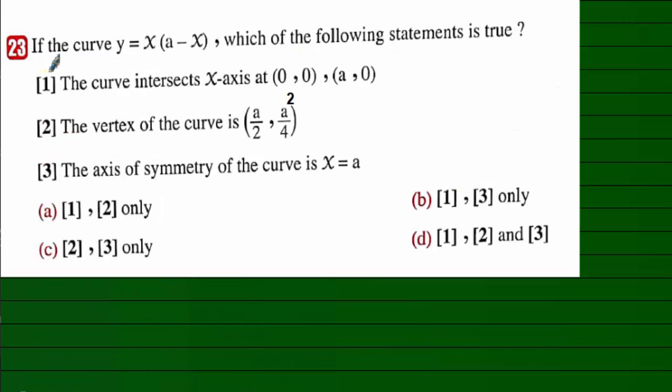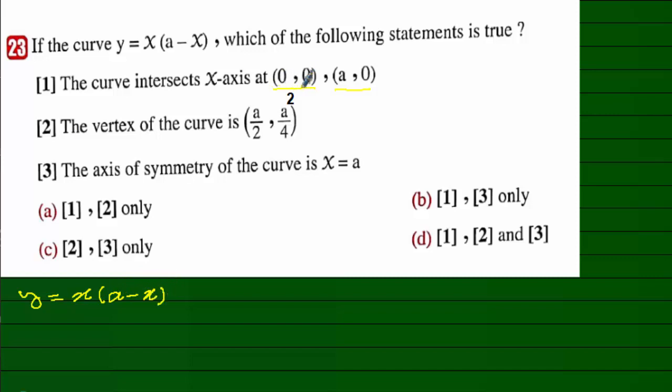Question number 23. If the curve y equals x multiply a minus x, which of the following statements is true? First, the curve intersects x-axis at the 2 points 0 and 0, a and 0. So we write y equals x multiply a minus x.